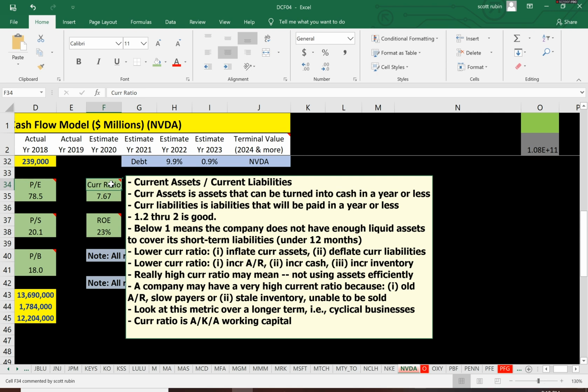Under 1 is really bad, but having too high a current ratio indicates they just have a lot of cash or a lot of inventory or receivables that they're sitting on. And we don't invest in companies so they just sit on cash or sit on money that's due to them. We invest in companies that can generate a profit. So that's not a good sign either.